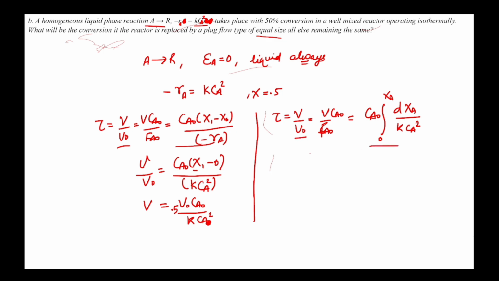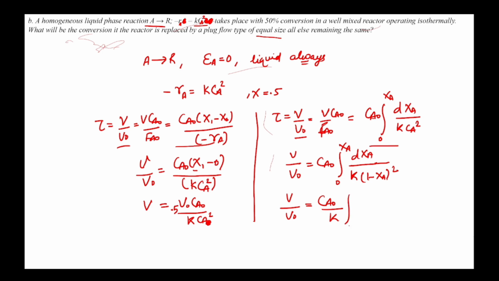Taking these two, we can write dXA upon k CA naught square (1 minus XA) square, from 0 to XA. So V by V naught is equal to CA naught upon k, integrating from 0 to XA, dXA upon (1 minus XA) square.